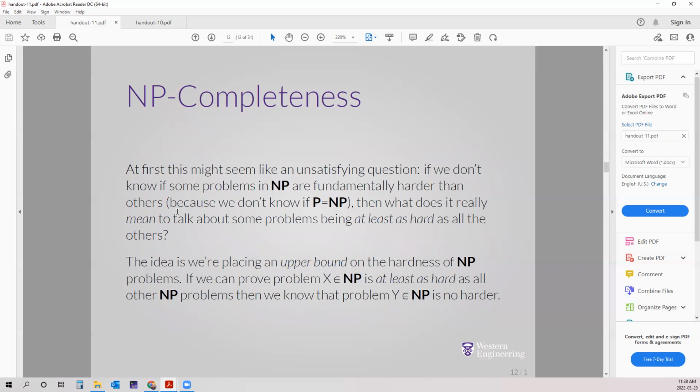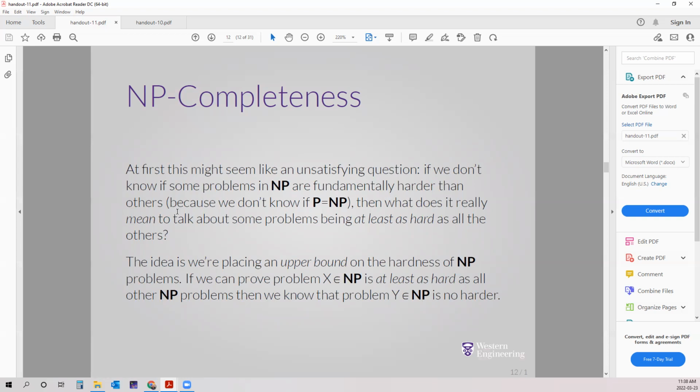At first, this might seem like an unsatisfying question. Maybe you never thought about this kind of question, but it is relevant in computer science and software engineering. If we don't know whether some problems in NP are fundamentally harder than others, because we don't know if P equals NP, then what does it really mean to talk about a problem being at least as hard as all the others?